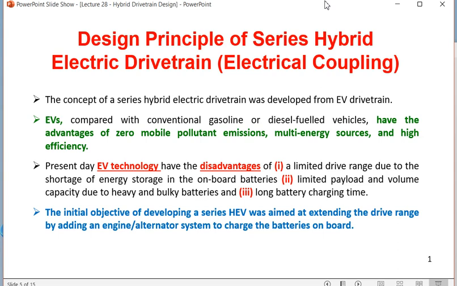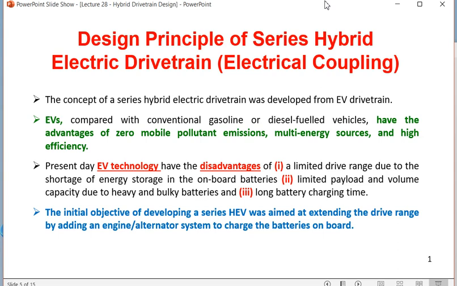In the developed countries, or in countries like India also, where the cities are getting heavily polluted because of IC engine based vehicles, everybody has started thinking very seriously about EV based vehicles. So the initial objective of developing the hybrid electric vehicle, or basically the series hybrid electric vehicle, was aimed at extending the driving range by adding an engine or alternator generator system to charge the batteries on board.